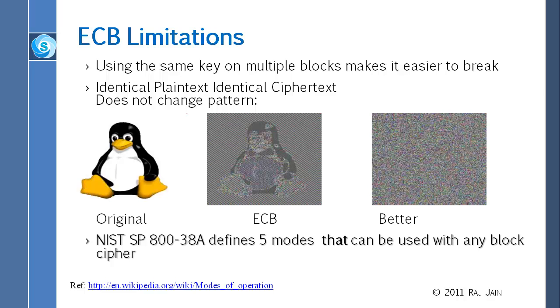Actually, here's the thing. Again, this picture, if you encrypt with DES using ECB, this is the result. What happened was, everywhere there was a dark area, when it was encrypted, it became that, every single time. So when you do the same thing again and again, the frequency doesn't change.